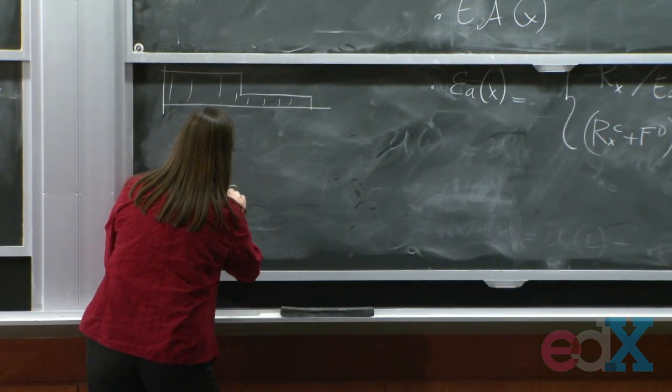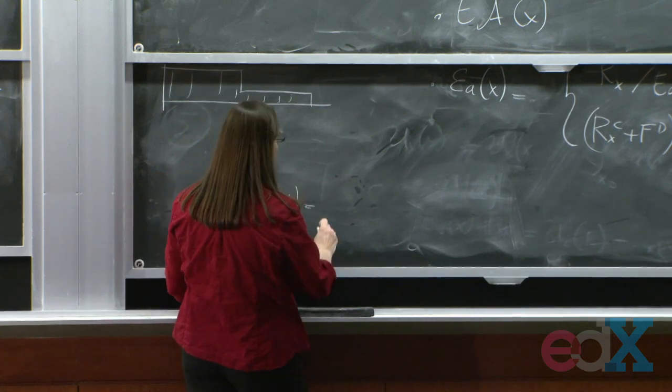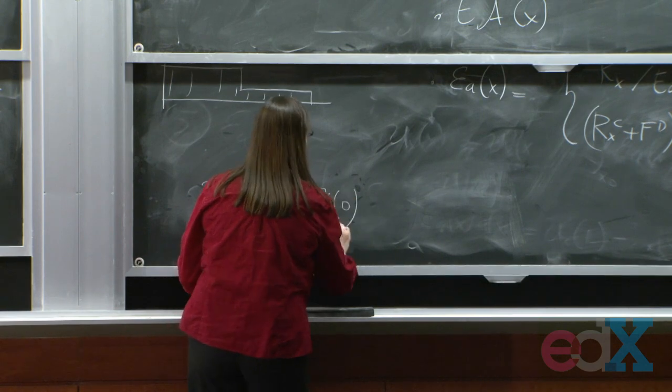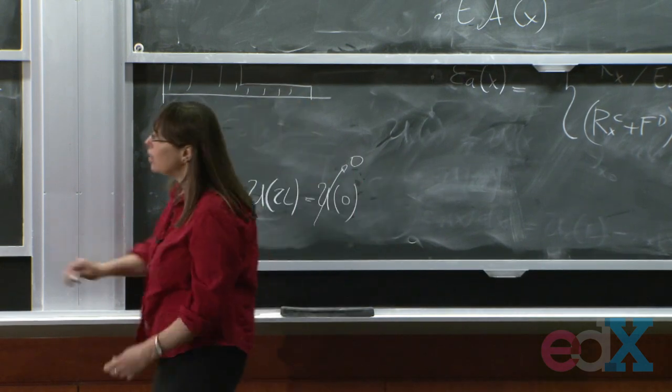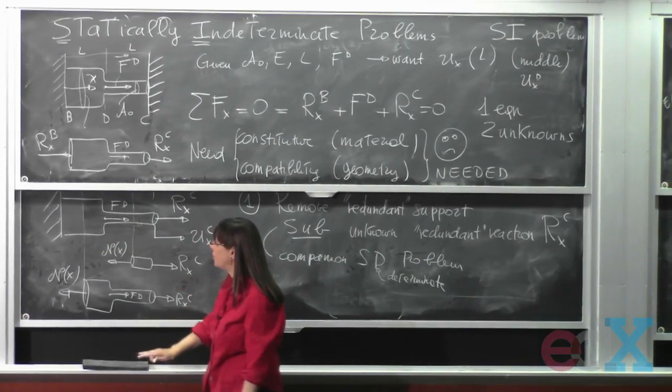So let me give myself a little more room. UXC is U at 2L, which is going to be equal to U at 0, which is 0 because I have the wall. I'm solving this statically determinate problem.